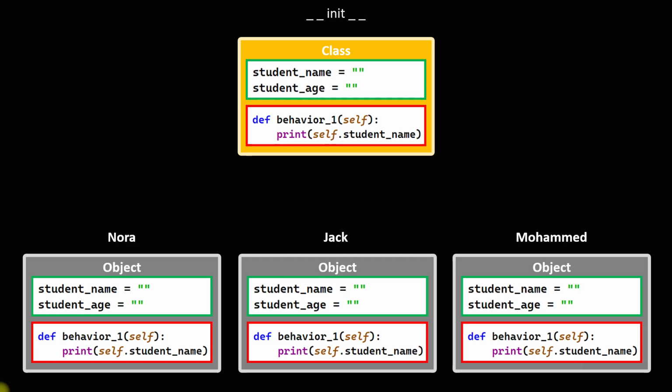This time, you can notice the attributes like student name and student age are empty inside the class.